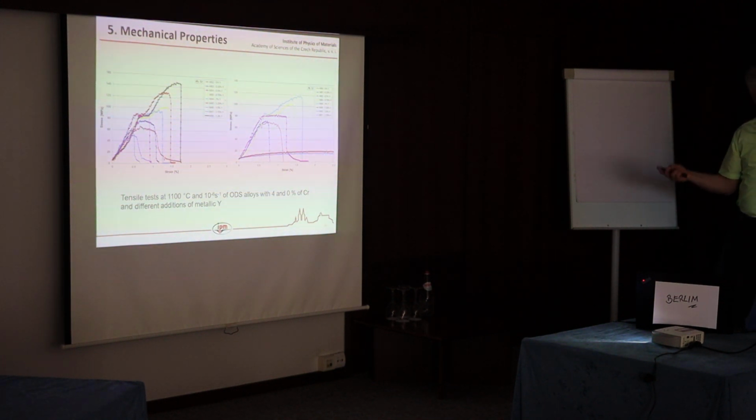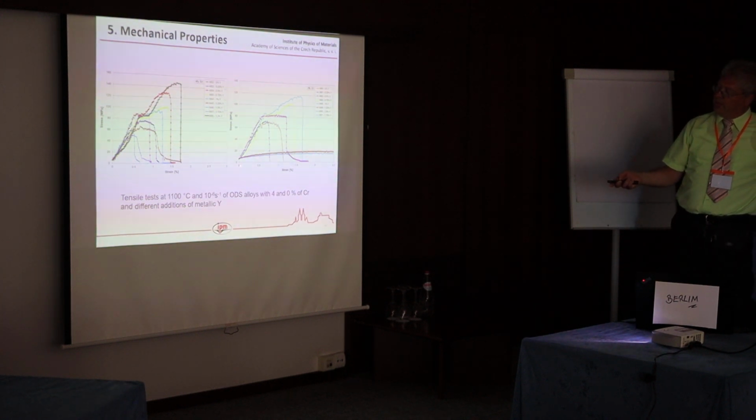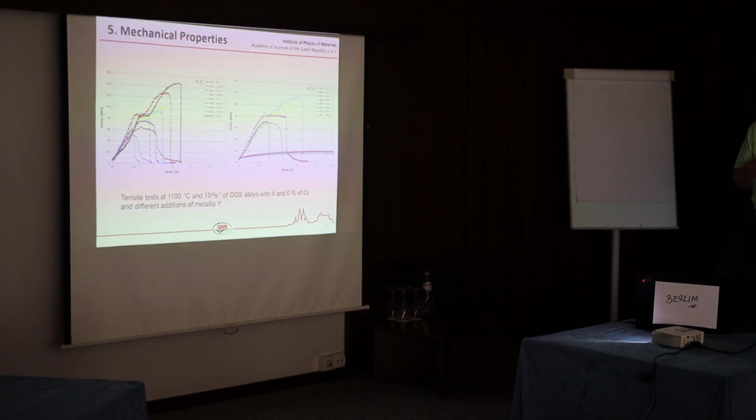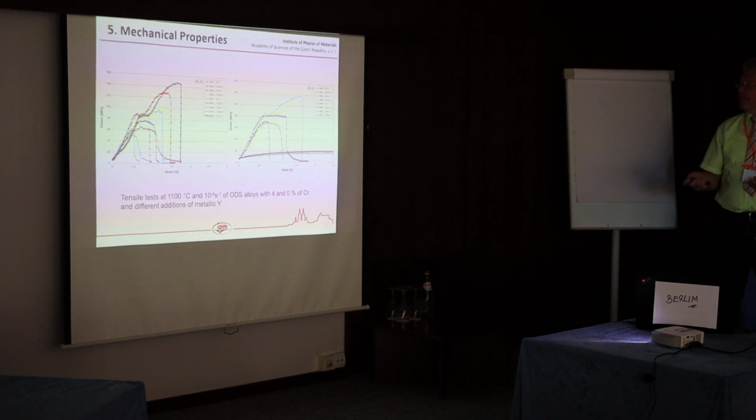But it has a big advantage that you can form this material. You can forge it or roll it quite easily, this ultra-fine grain material, and then after recrystallization you can get very high strength.